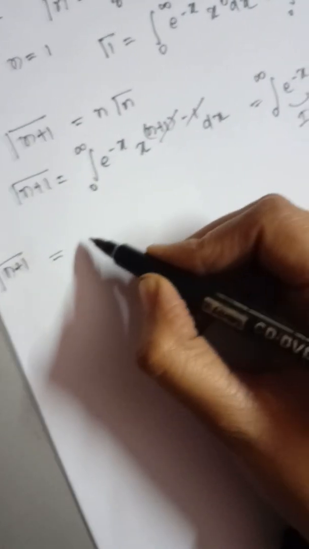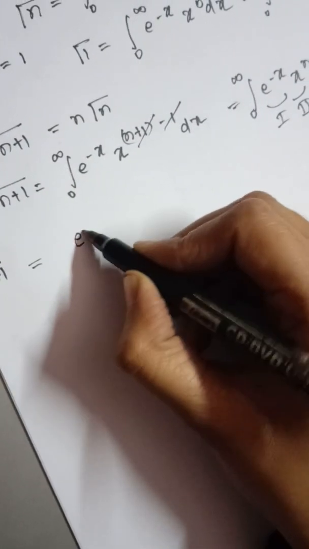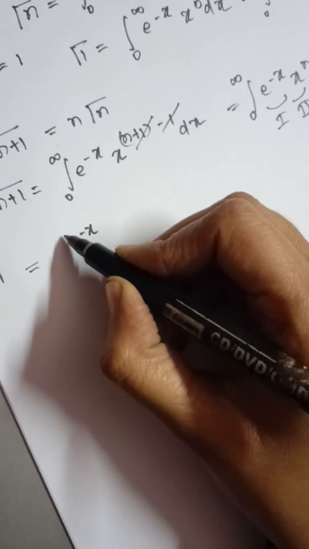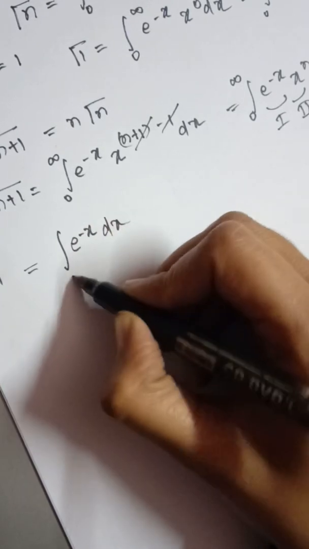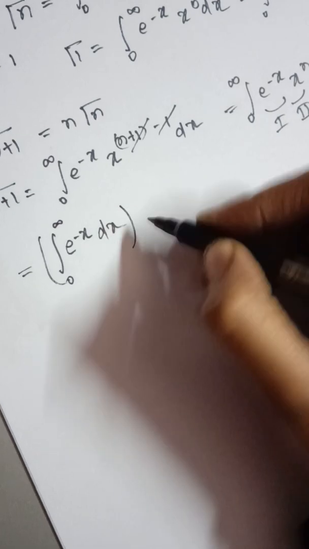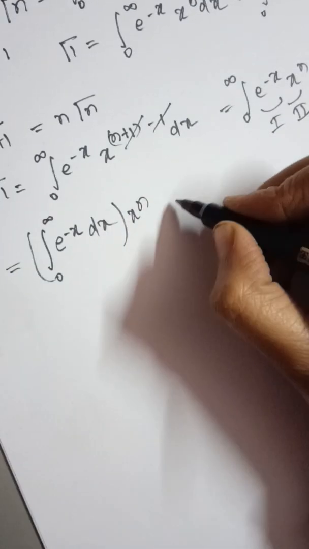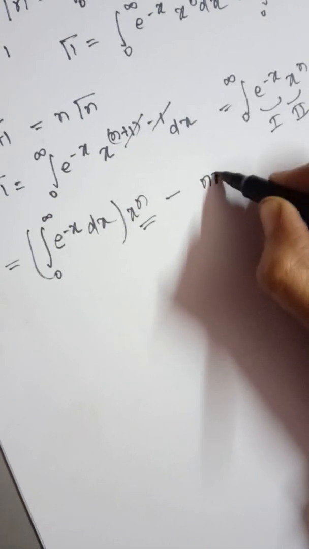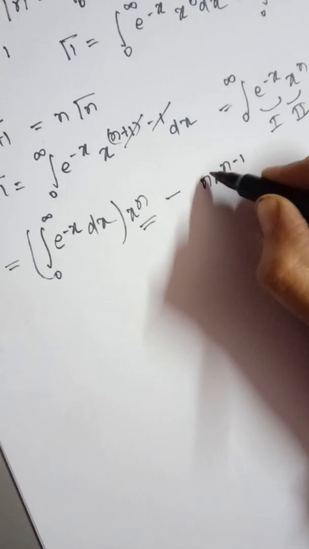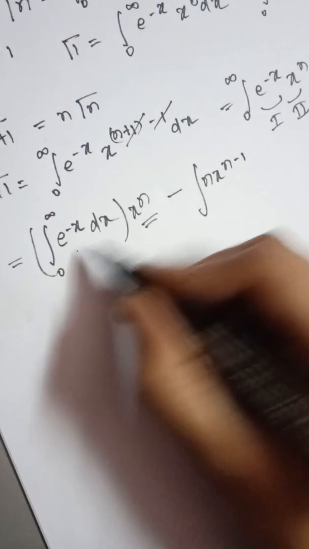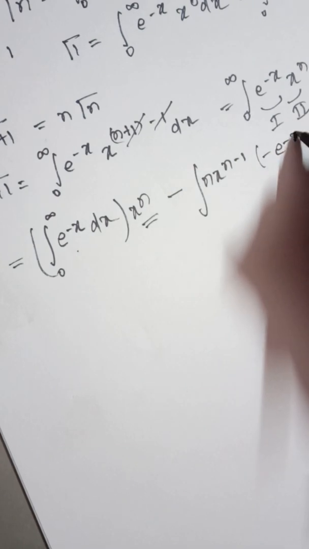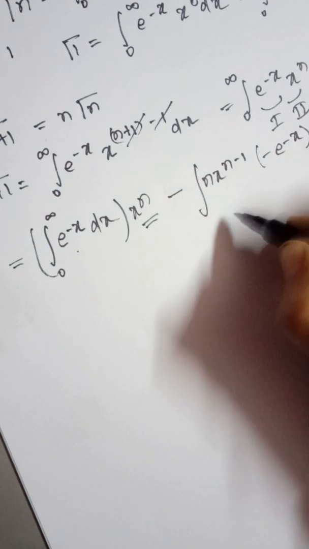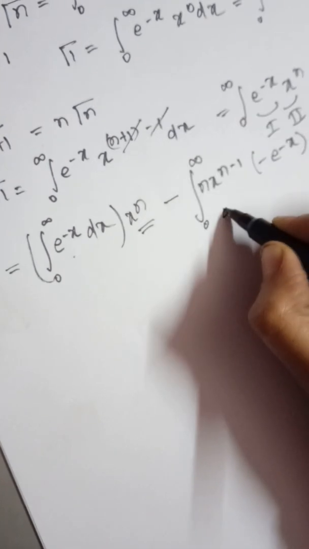Here, I have x to the power n as the first function and e to the power minus x dx as the second, from 0 to infinity, x to the power n outside, minus, I will differentiate this. It will become n x to the power n minus 1. And the integral of this, which is minus e to the power minus x, dx, from 0 to infinity.